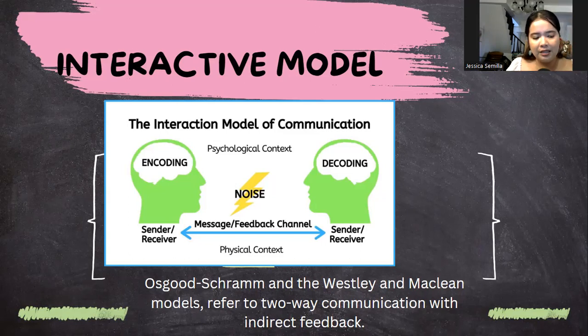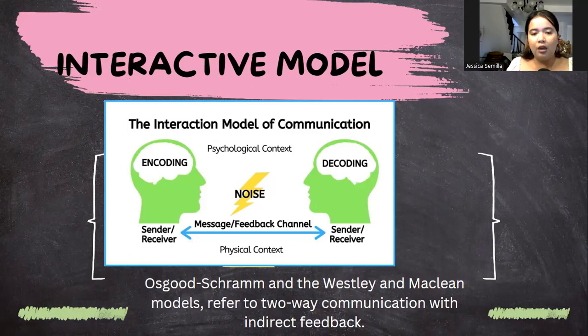So for example, the sender sent a message, hi, and then the receiver received the message that the sender wants to say hi. Of course, when the receiver wants to respond to that, and then he says hello, that is the interactive model, meaning there is a message encoded by the sender and then received by the receiver, and then he decodes it, and then when he decodes it, he tries to encode another message, and that is the response based on what the sender sent.